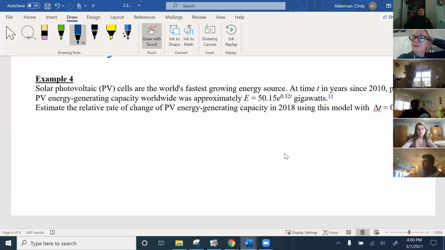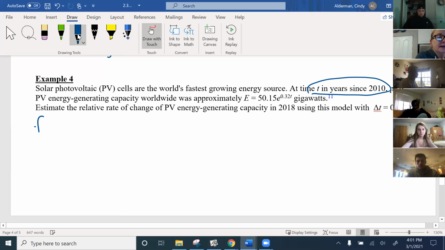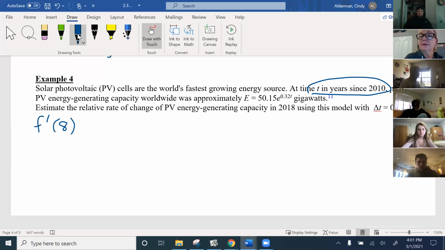At time t in years since 2010, that's important, that's something you could circle, peak PV energy generating capacity worldwide was approximately equal to that equation in gigawatts. Estimate the relative rate of change of PV energy generating capacity in 2018 using this model with change in t of 0.01. So we'll start like we did before. We've got f'(8), right? We're talking about 8 years difference.